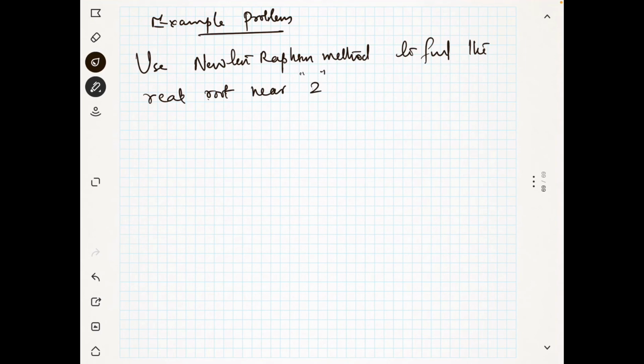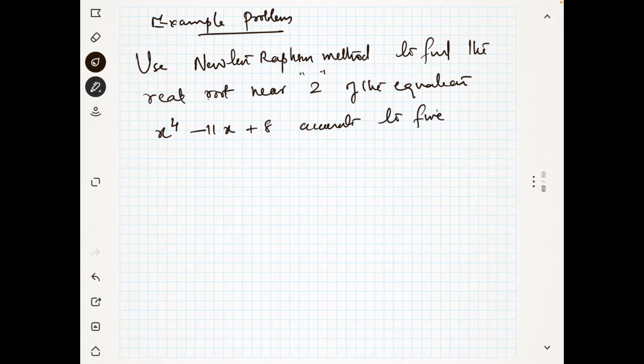So the initial value is given, of the equation x raised to 4 minus 11x plus 8, accurate to 5 decimal places. Okay, so we will find the solution.